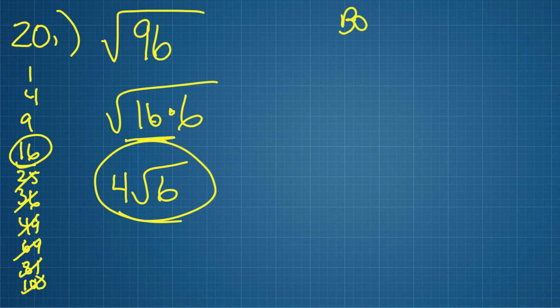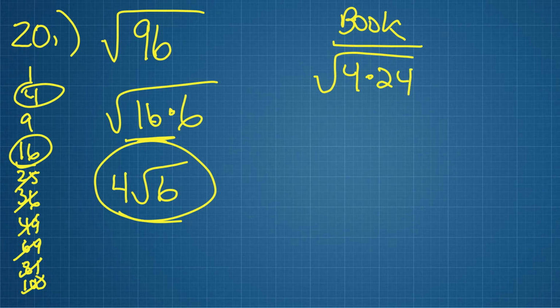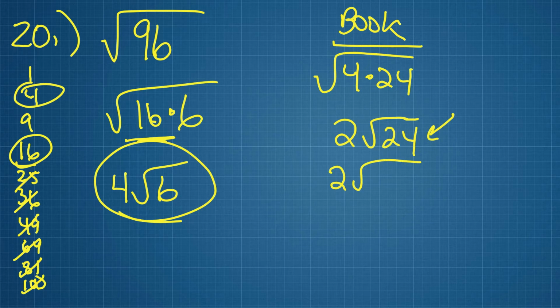Now here's what the book did. They took 96 and they said, look, 4 goes into 96. And they rewrote it as 4 times 24. 4 is perfect. He comes out as 2 radical 24. And then they stopped. You can do it this way, but you have to make sure that this number right here doesn't have any more perfect square factors. 4 can still go into 24.